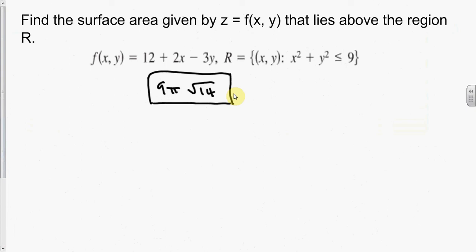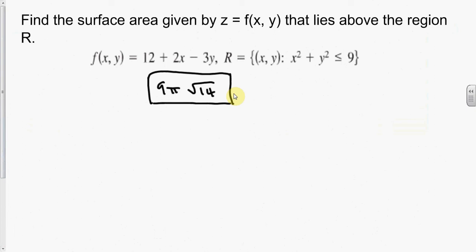Sound about right, John? Yeah. Got that, India? Good. Ryan, you got it?